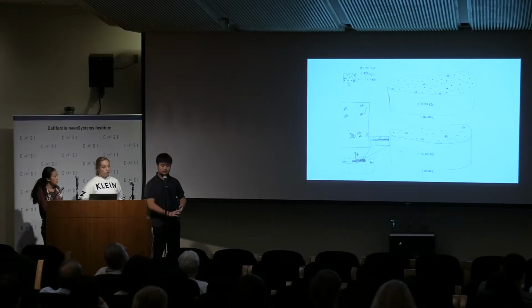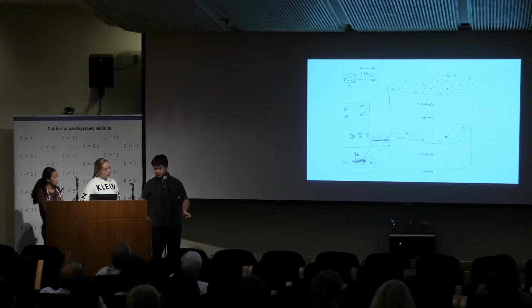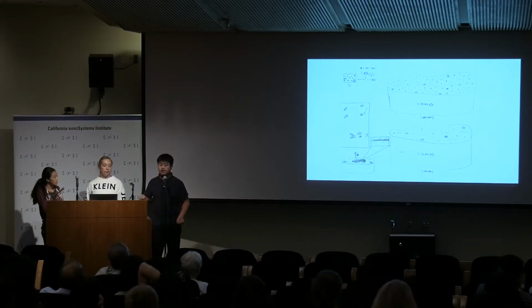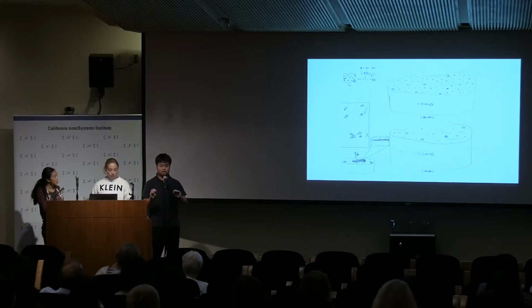And our second topic was, how do things at the nanoscale affect the way we perceive things on a human scale? That would be this small drawing down here. In our lab, we measured the height of a monolayer.